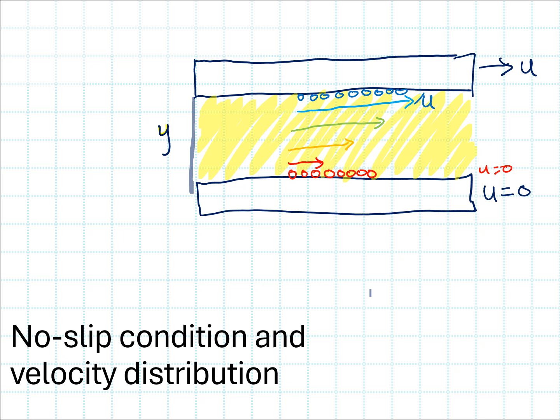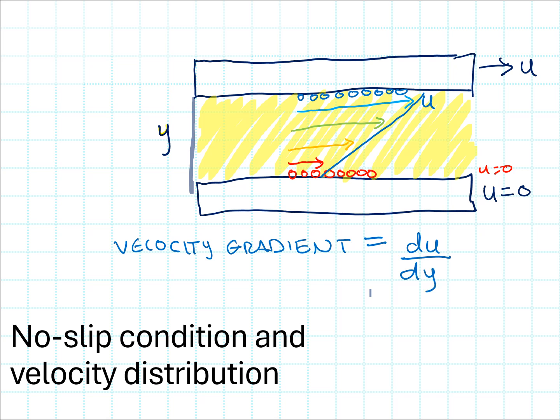So we've got this distribution of velocity from the bottom plate to the top that looks like this. And so we can describe the velocity gradient as the change in velocity du over the change in distance dy.